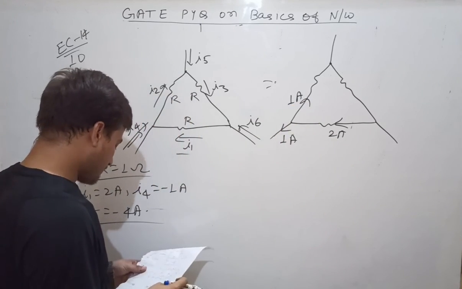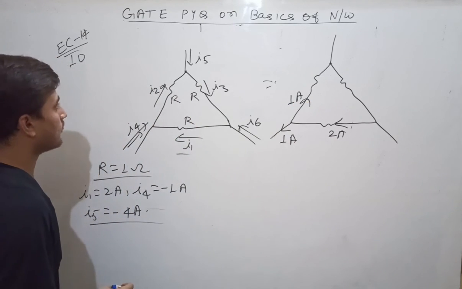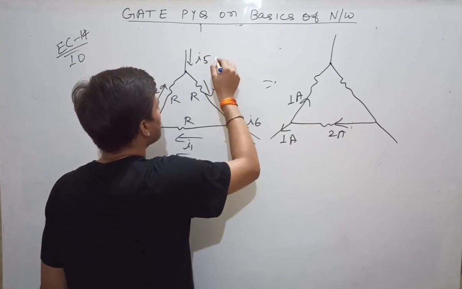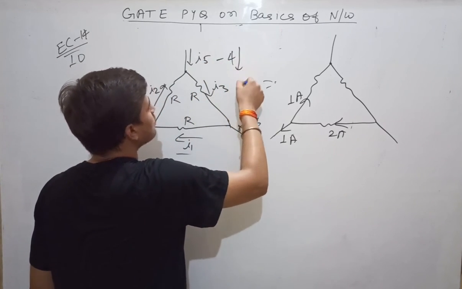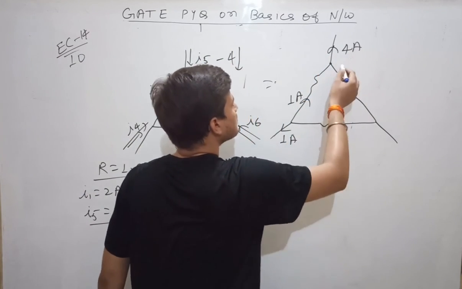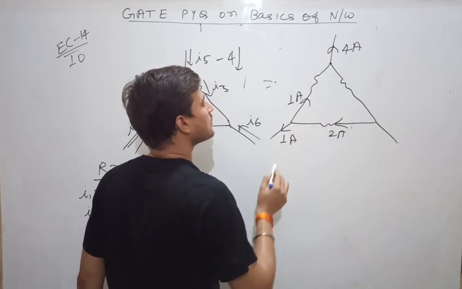Next, I5 is equal to minus 4 ampere. I5, this current is minus 4 ampere. That means it will be upward direction, 4 ampere. So if it is upward direction 4 ampere, 1 ampere is entering, 4 ampere is coming out.